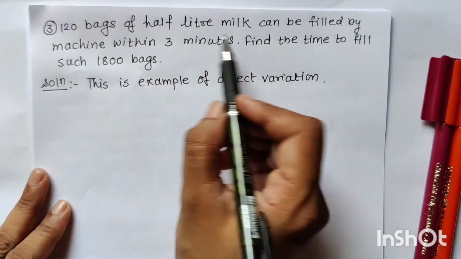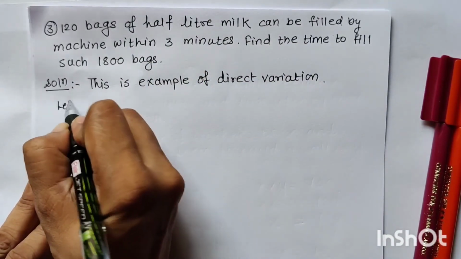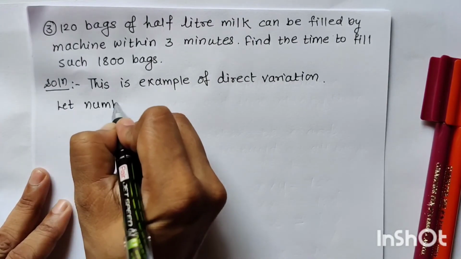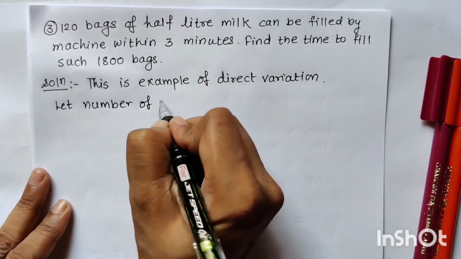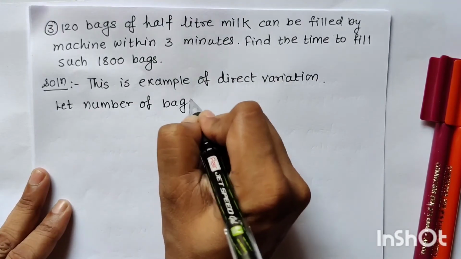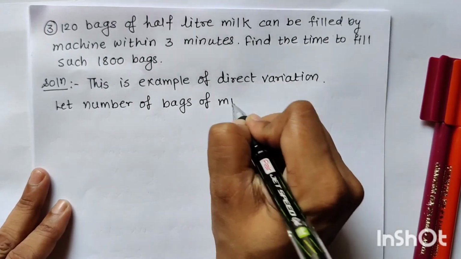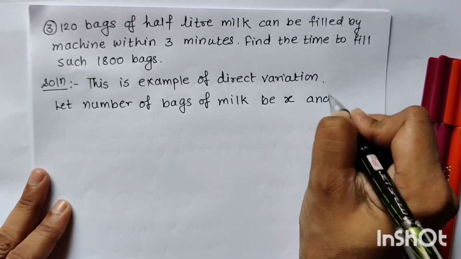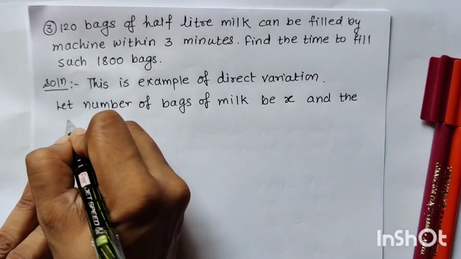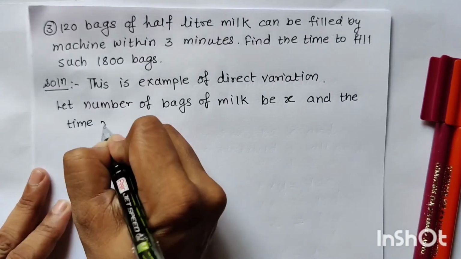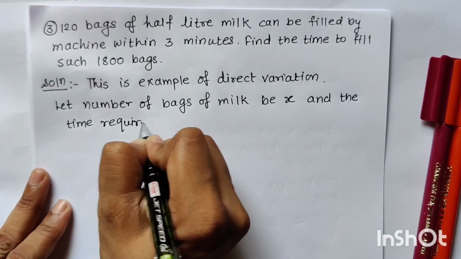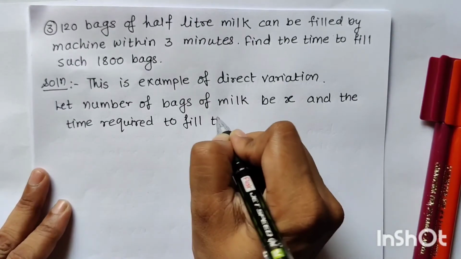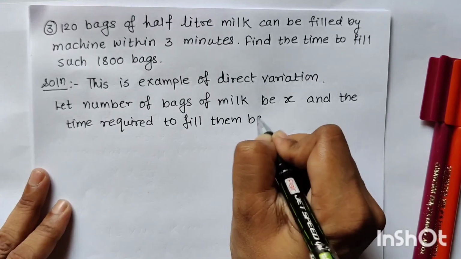Then, as the variables are not given, we write any variable for the number of bags. Let the number of bags of milk be x, okay, and the time required to fill them be y.